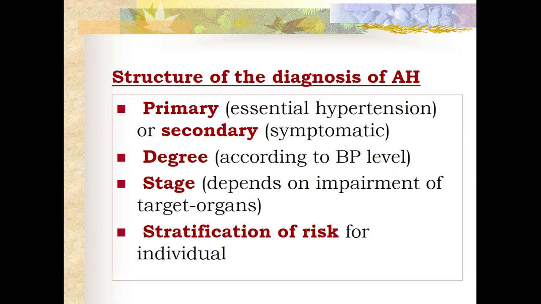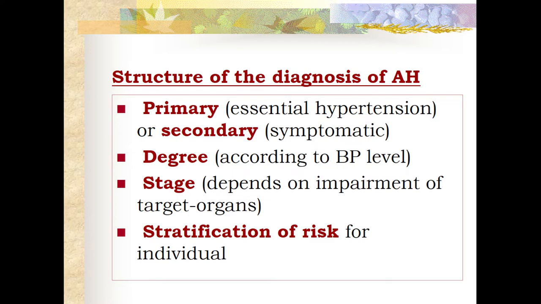And in first place must be the underlying disease, for example, chronic kidney disease, chronic glomerulonephritis, and then secondary arterial hypertension.